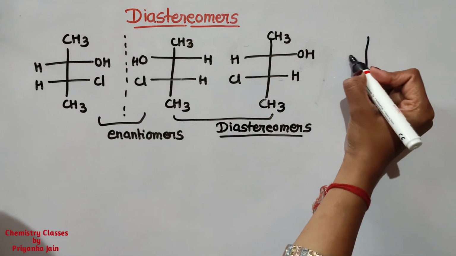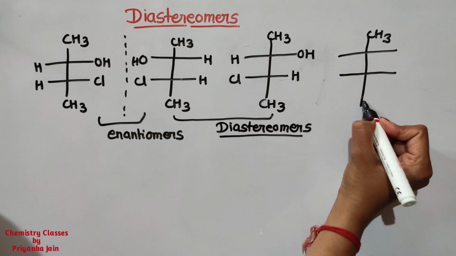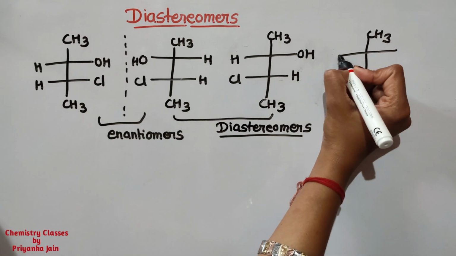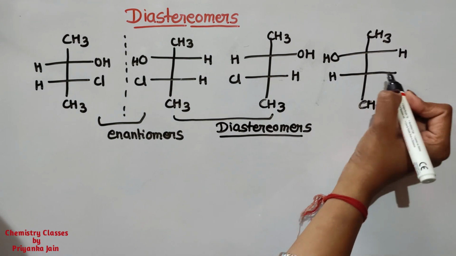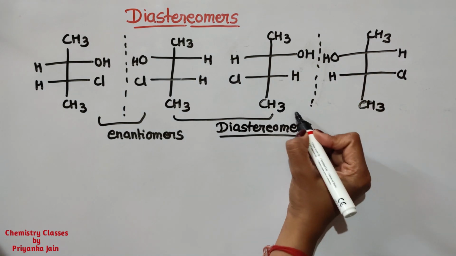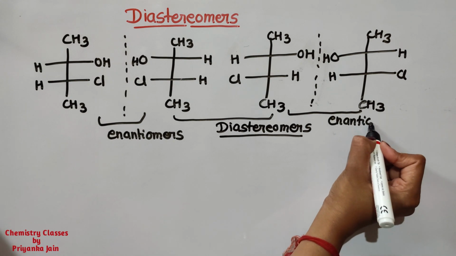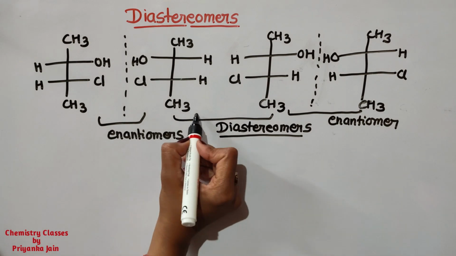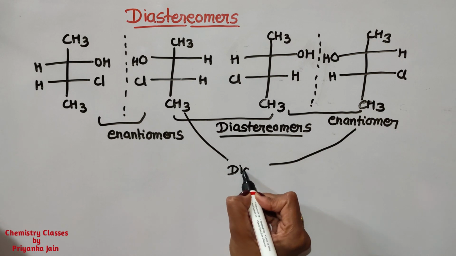Similarly, there can be another one. See here, this is the mirror image of this, okay? So these 2 are the enantiomers, okay? But if we are seeing this one and this one, these are the diastereomers.